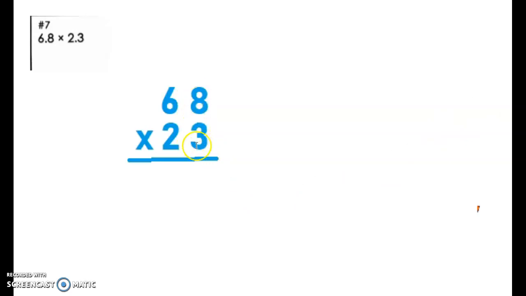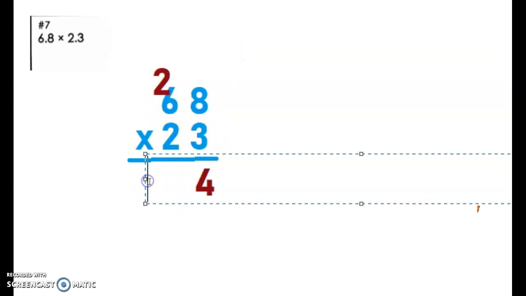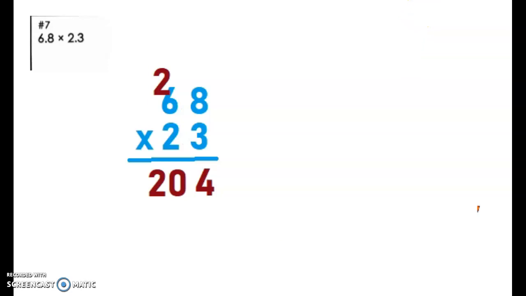Go straight up first. 3 times 8 equals 24. My 2 goes over here, right? 3 times 6 is 18, plus that 2 that I carried. So 18 plus 2 equals 20, right? And now I'm done with some of these numbers, so I can just get rid of them. So I'm done with this because I used it already, and I'm done with this too, right?